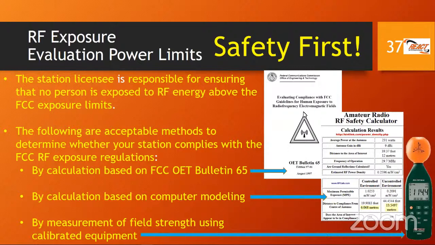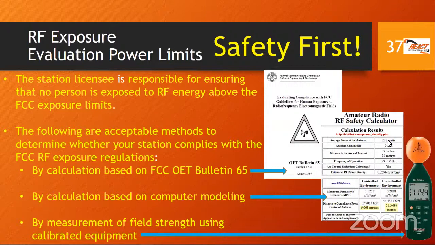That's the exam question. There's also another way. You can use software online or a website, and it's called computer modeling. So this may be an online website that you put information about your station, and it will then do a calculation and tell you what the maximum exposure is and whether or not you're within that maximum exposure limit.